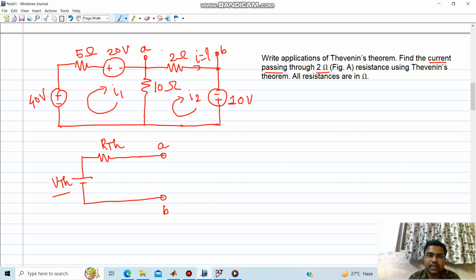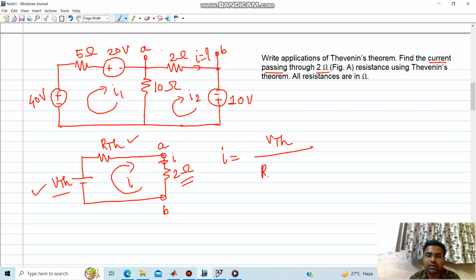So what I did is I assigned AB terminals. While going through the steps to figure out V Thevenin and R Thevenin, finally AB would be connected across V Thevenin and R Thevenin, across which I will connect the 2 ohm resistor, and then my loop current is I. To find the current through this 2 ohm, I will simply take V Thevenin upon R Thevenin plus 2.